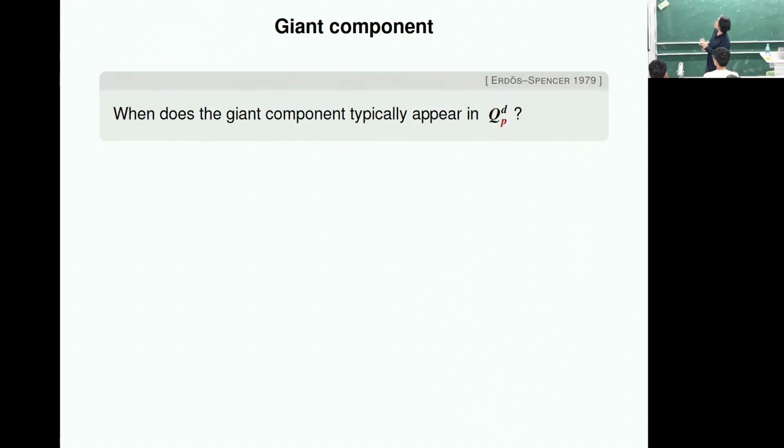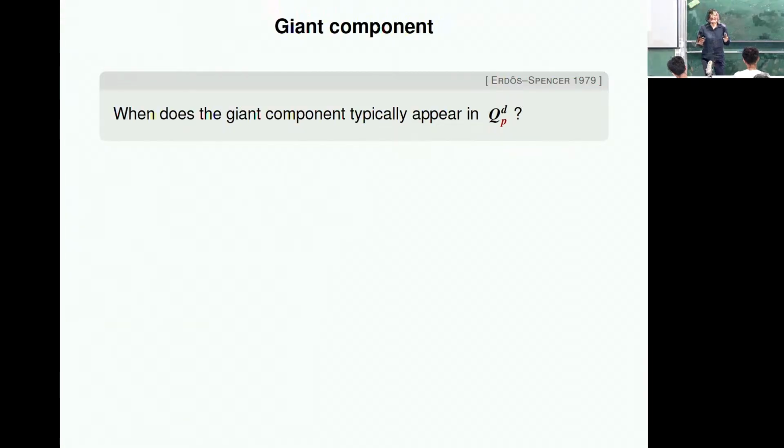The very first question in this model, which is not a very new model, it's a very old model, already from Erdős and Spencer, is: when does the so-called giant component appear for the first time? What is a giant component? It is a component. What is a component? A class of vertices such that for every pair of vertices there is a path.